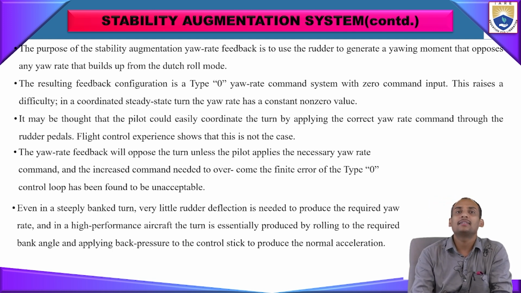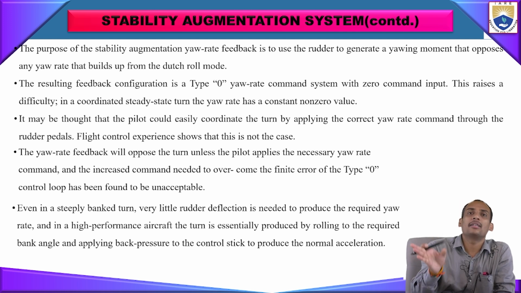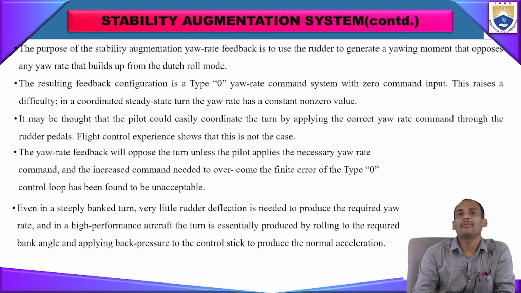Even when a steep turn is required, only a little rudder deflection is needed to produce the required yaw rate. In high performance aircraft, the turn is essentially produced by rolling to the required bank angle and applying back pressure to the control stick to produce the acceleration.